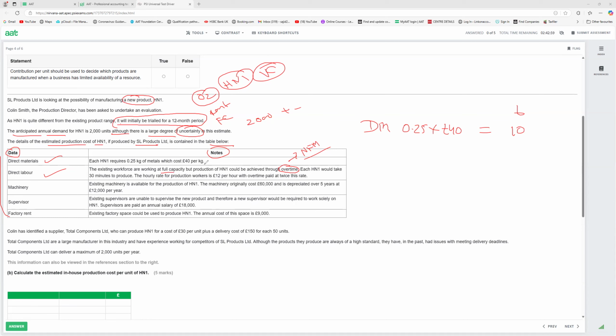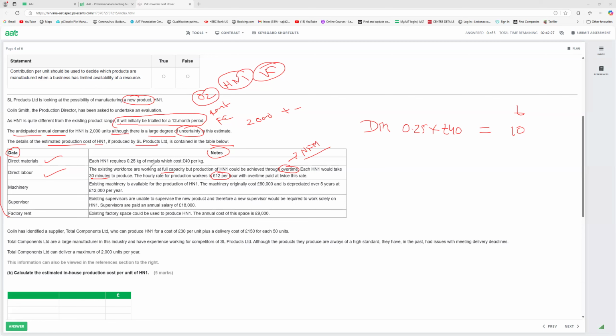So it is a question of whether all the employees will be available to do the extra hours, or they might say they don't like to work overtime, so it needs to be considered. Each HN1 would take 30 minutes to produce. The hourly rate for the worker is £12 per hour, with overtime at twice that. So overtime will be £24 per hour, and we need 30 minutes.